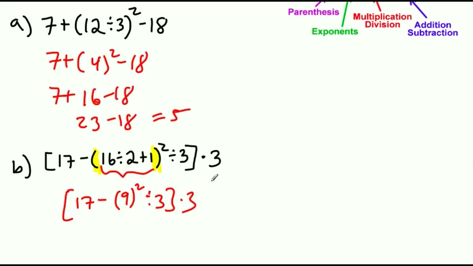Okay, again, so we still need to do what's inside of the bracket here, because that takes precedence. So there are no parentheses, but we do have an exponent, so I do that next. So 17 minus 81 divided by 3 times 3.